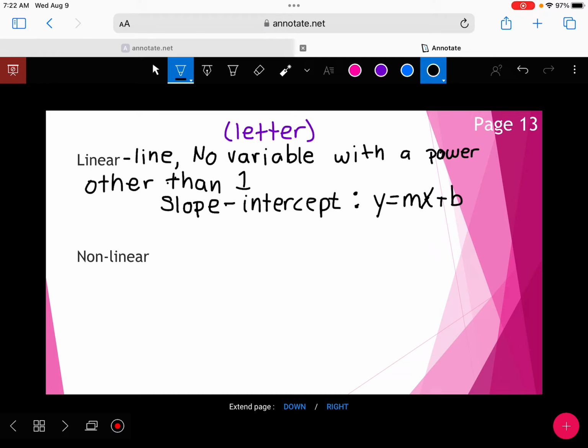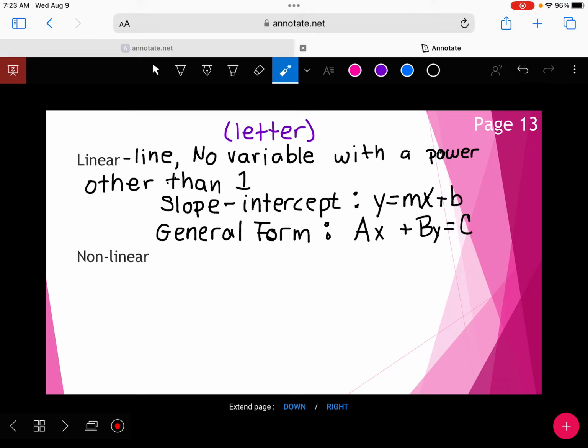Or if I can get it into what we call general form or standard form. Our general form, that's a number with the x plus a number with the y equals another number. So we call that ax plus by equals c.